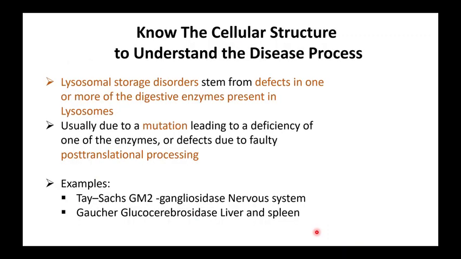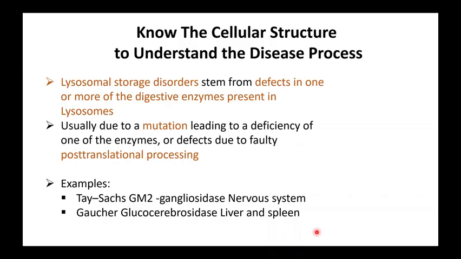Some of the diseases, you don't need to remember the disease, but you need to understand the basis of it. There is an enzyme needed to remove a substance from the cell that has to be present in the lysosome. If that enzyme is mutated, the gene mutation results in a faulty enzyme. The enzyme is not working. What will happen to the substrate?